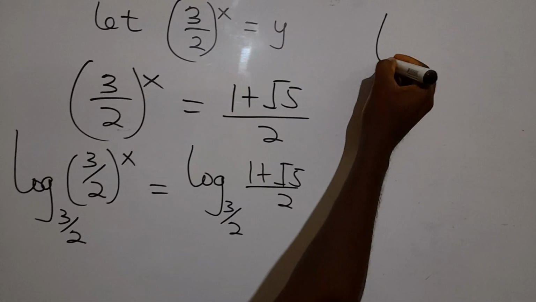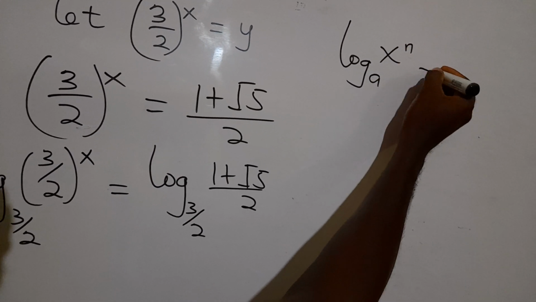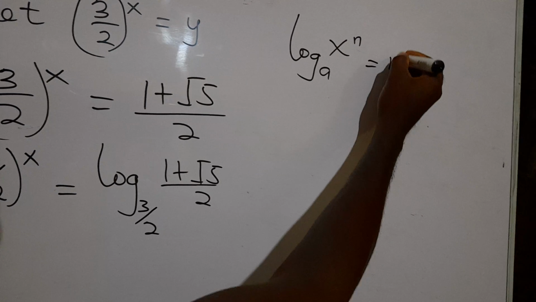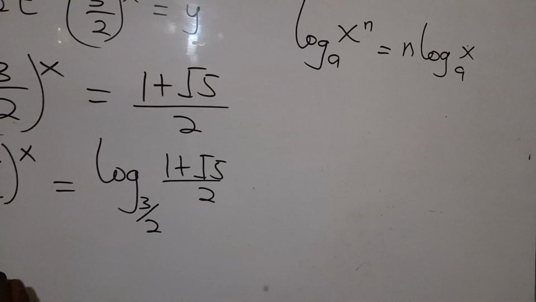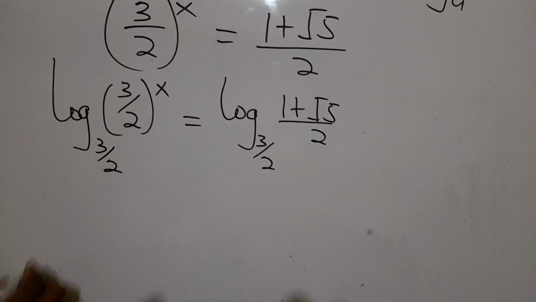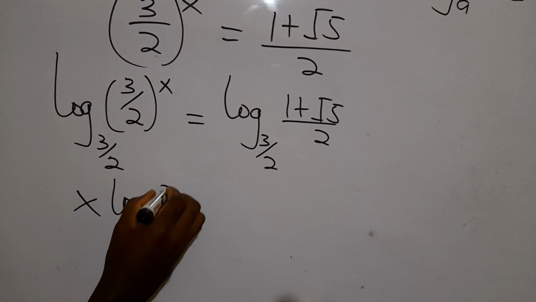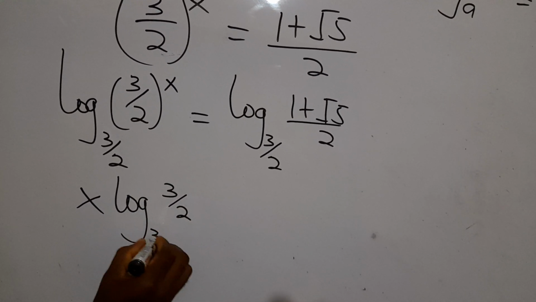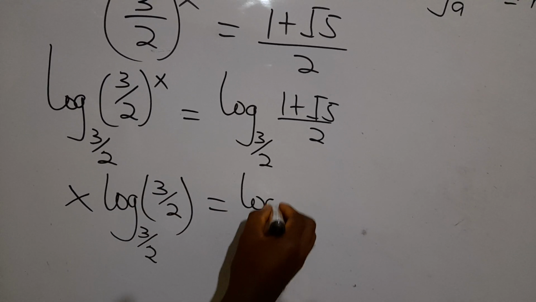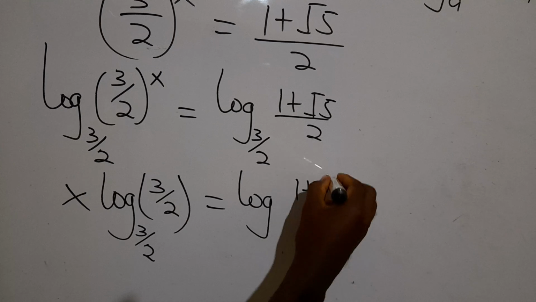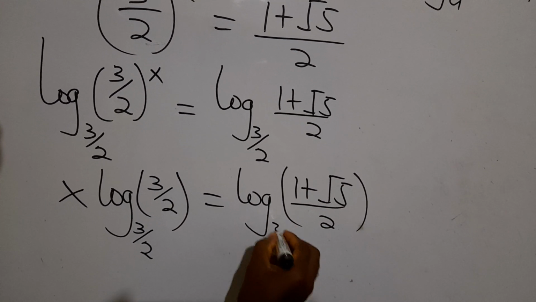Remember, if we have log x exponent n base a, the answer is the same as n log x base a. So we are going to apply that rule here and say that we have x log 3 over 2 base 3 over 2 will be equal to log 1 plus root 5 all over 2 base 3 over 2.